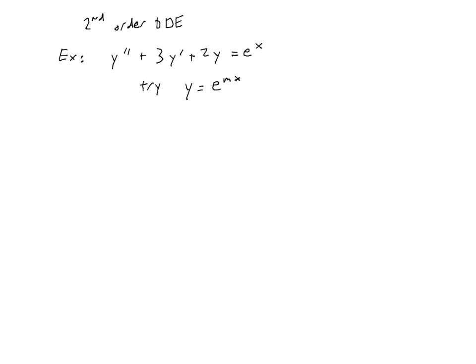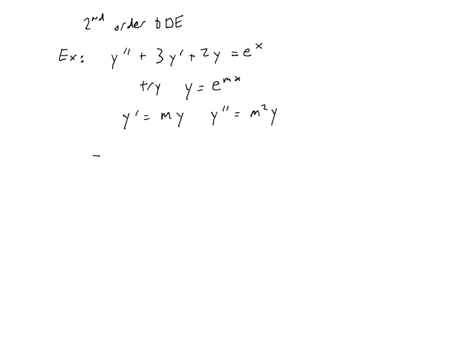And the reason why is because when you take y prime, that's going to be basically m times y, right? And y double prime is going to be equal to m squared y. So in each one of these cases, they're all basically a multiple of y.